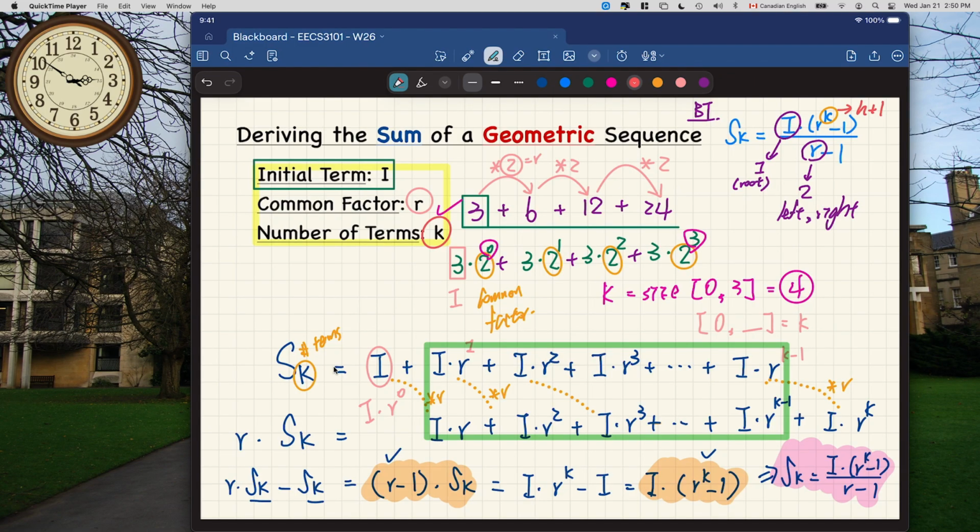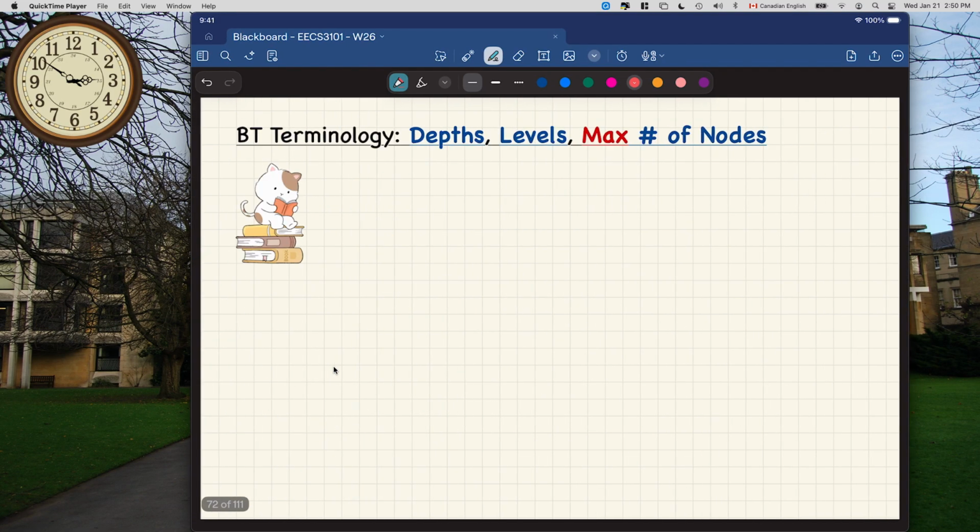Okay, let's now talk about the structure of the binary tree. Let me write the formula again and put it aside. So we got the sequence over here: I times r to the k minus 1, divided by r minus 1.